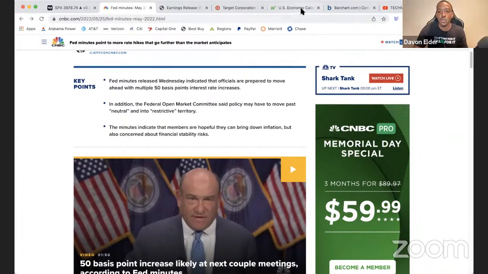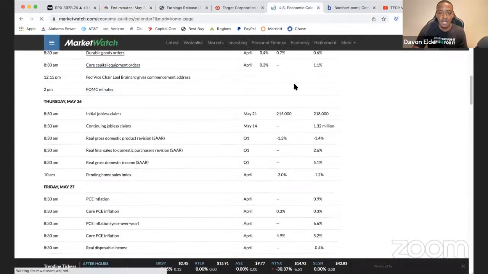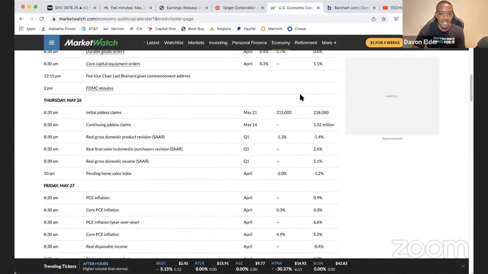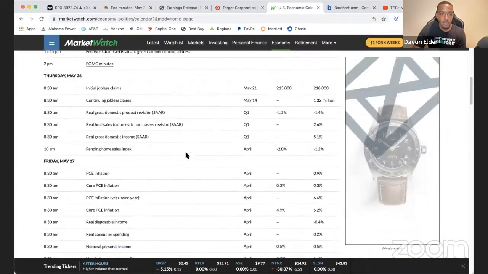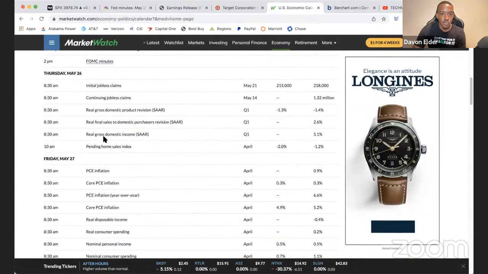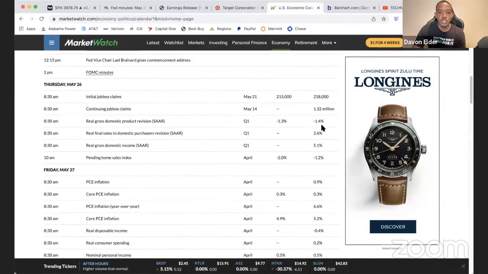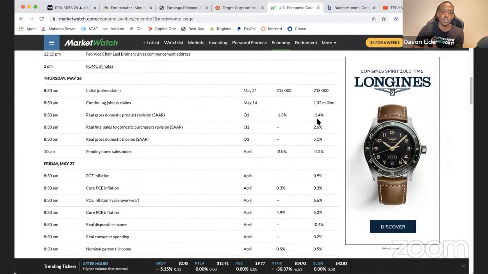So real quickly here, speaking of which, let's talk about the U.S. economic calendar real quick before we go back to that article. Now, you see FOMC minutes were released on Wednesday, and tomorrow we've got real gross domestic product revision. So we're going to see what the real gross domestic product revision is, okay?